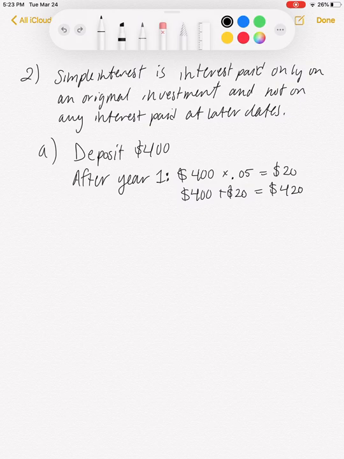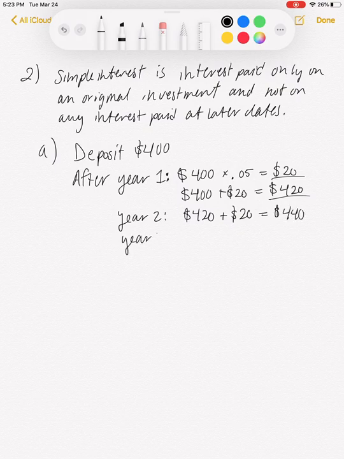Now, simple interest does not take interest on the $420, it just keeps paying us $20 every year. After year 2, we had $420 to start with. We're going to add on the other $20, which is the simple interest, and we'll have $440. After year 3, we have $440. We're going to add on $20 more, and we're going to get $460.